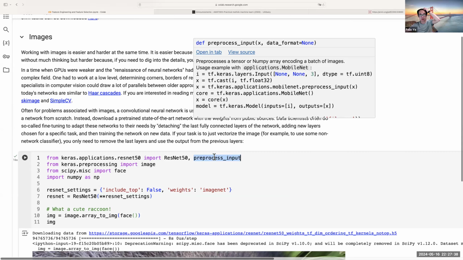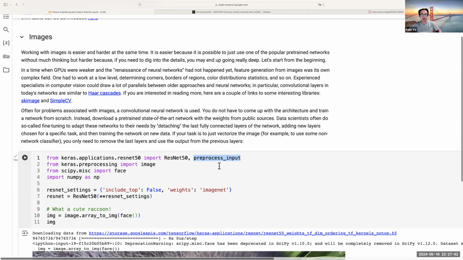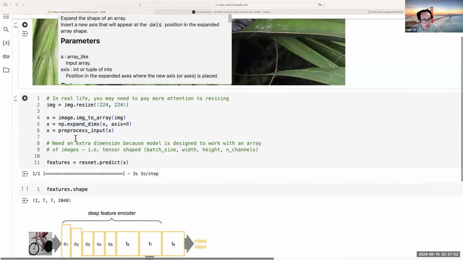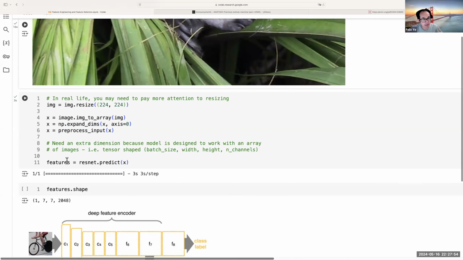You can think about it as a MobileNet and ResNet, using the MobileNet to process these images. Then you apply the ResNet at the end to create those features directly.